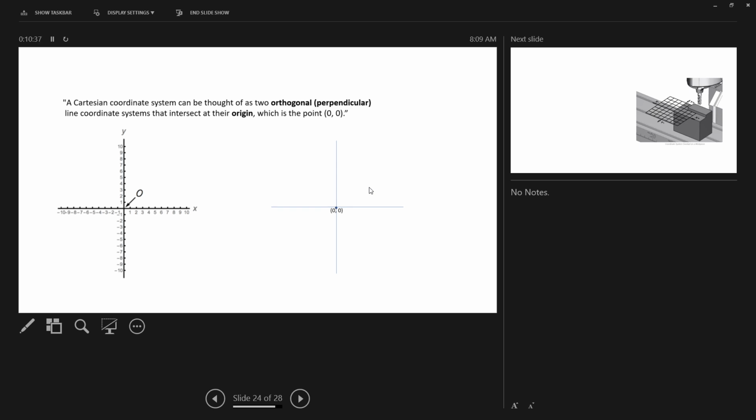A Cartesian coordinate system can be thought of as two orthogonal or perpendicular line coordinate systems that intersect at their origin, which is the point (0, 0).